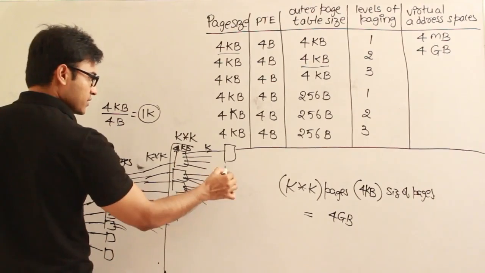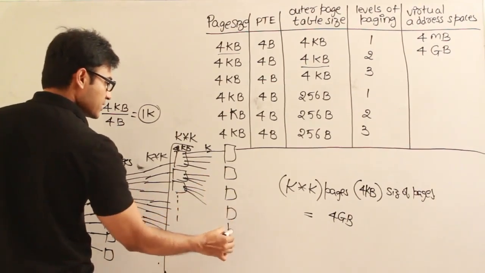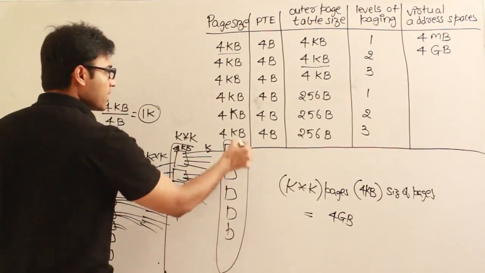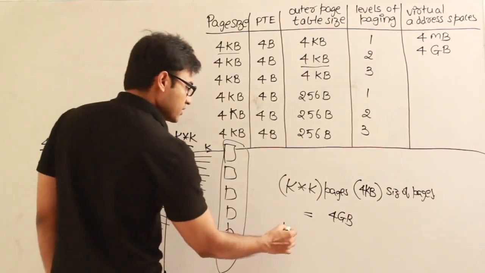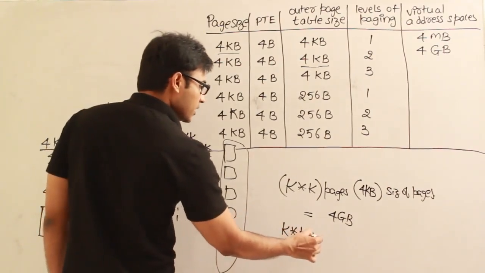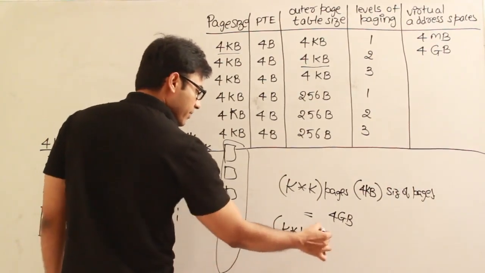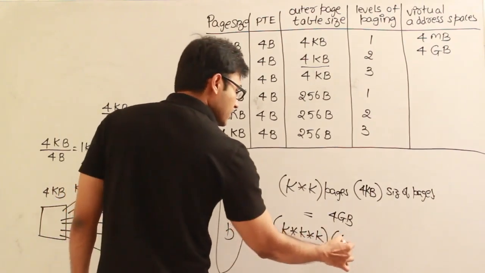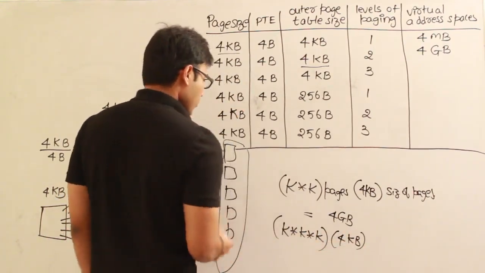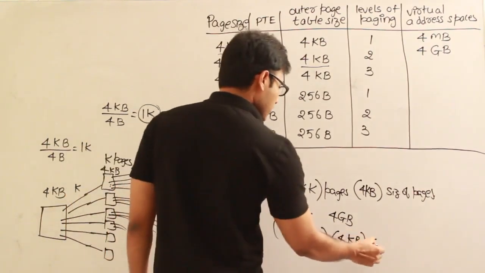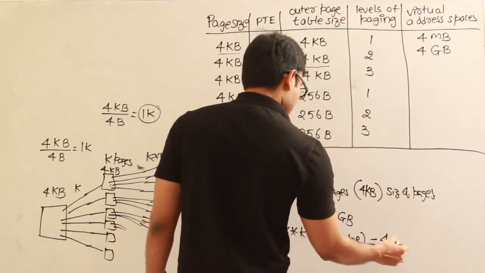So finally the process is going to contain k into k number of pages, and the page size of each one is 4 KB. Therefore, the total virtual address space is going to be 4 terabyte.